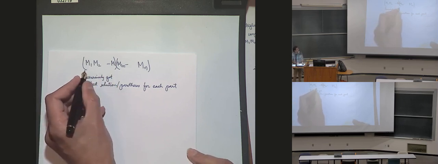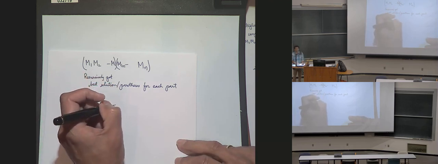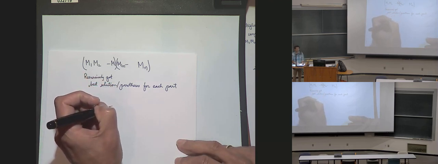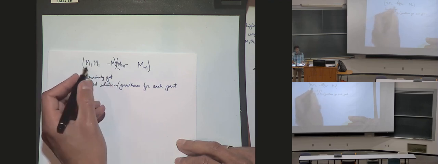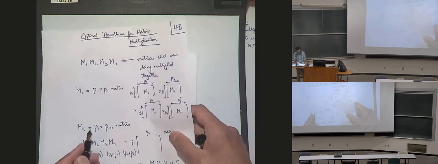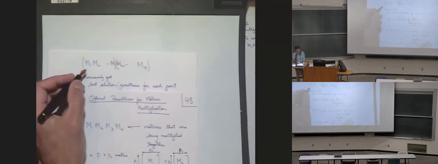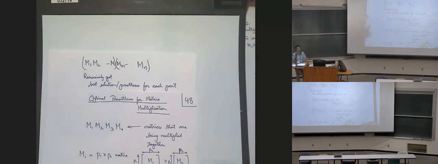What are the dimensions of this matrix? Remember, the dimensions of each Mi are like Pi cross Pi plus 1.